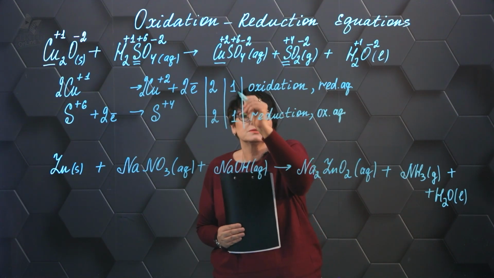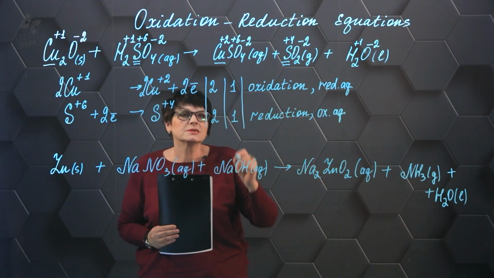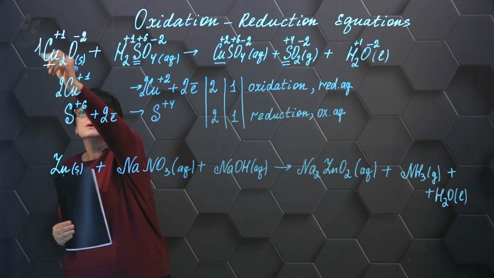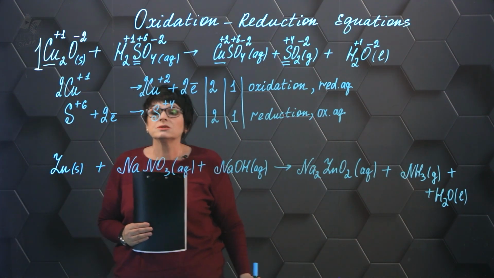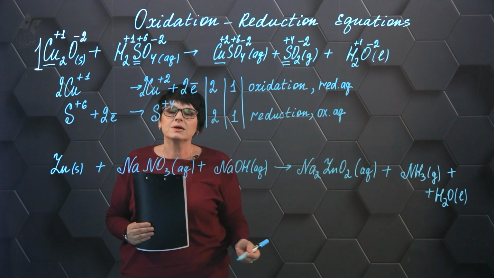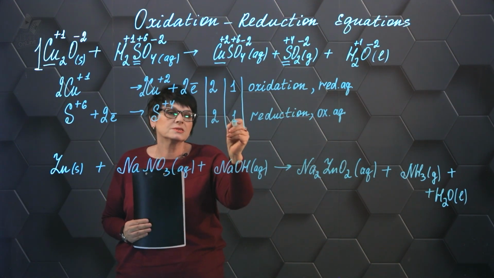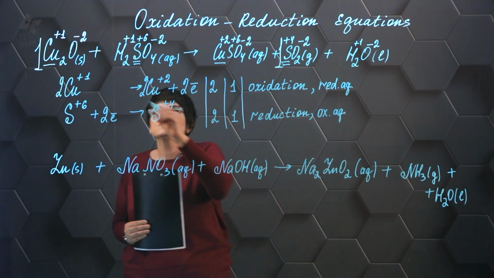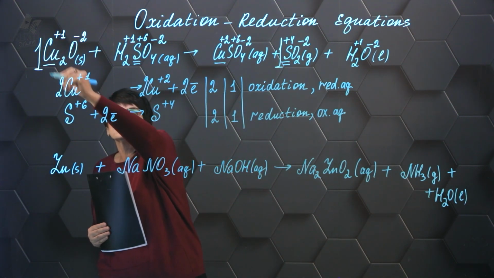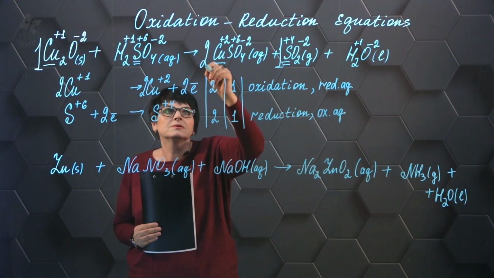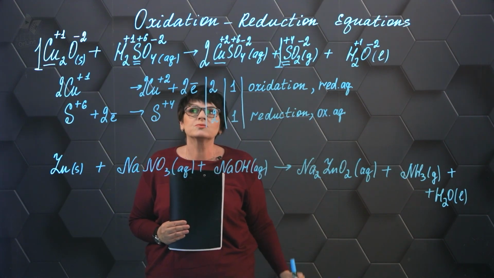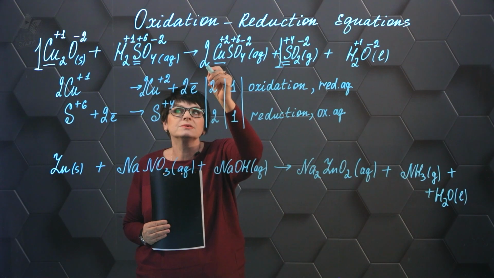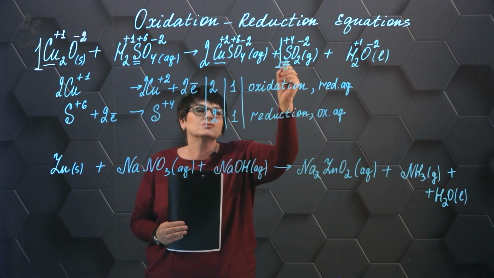We write it down like this. We put the numbers we found as the coefficients. 1 will go in front of copper. And let's put, although usually the unit is not put, but to make it clear where this coefficient will be, before sulfur the smallest will go here. Looking for the auxiliary, copper on the left side is 2, on the right side is 1. We put a factor of 2 in front of the CuSO4. Now count the sulfur. There's 1 sulfur here on the left side and 3 on the right side.